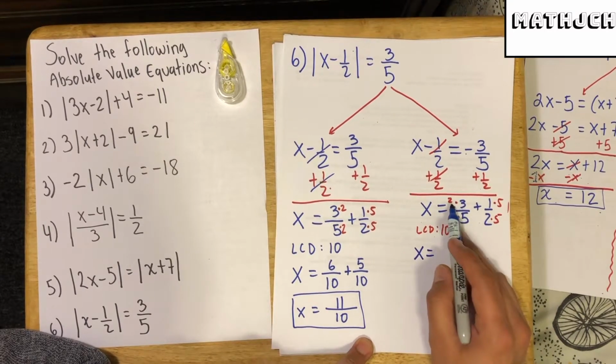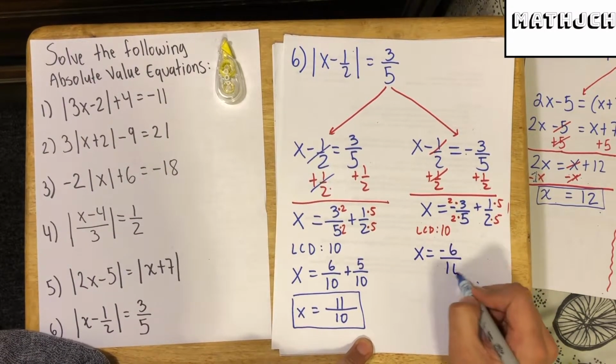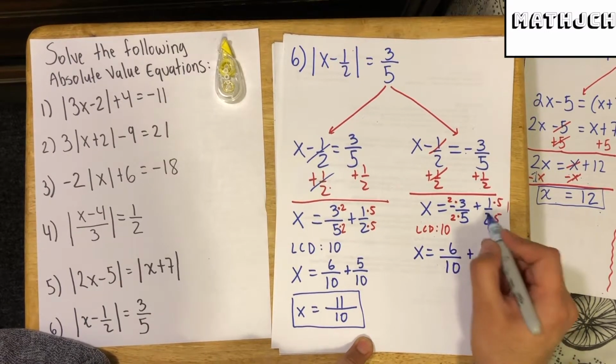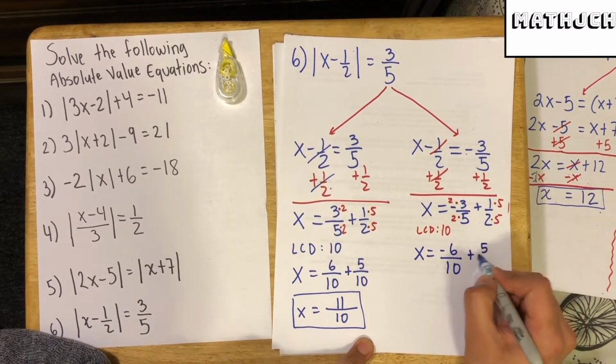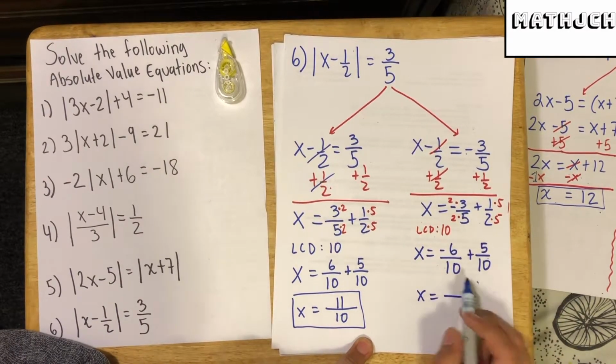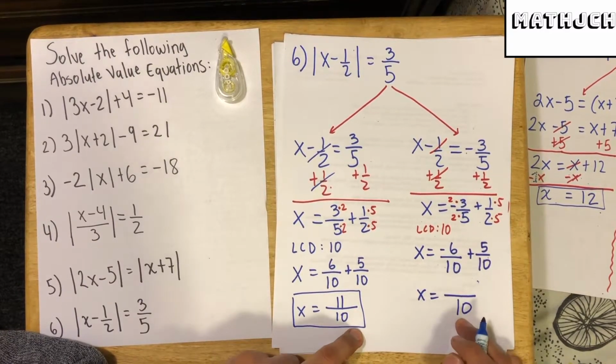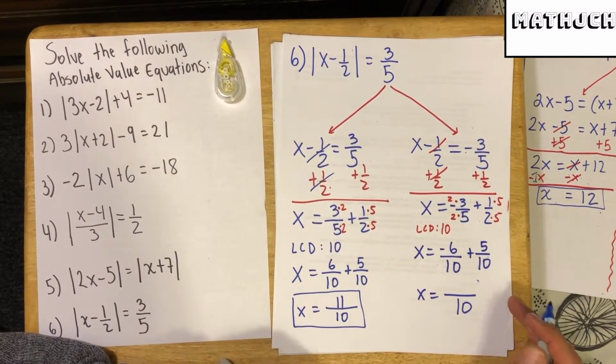So I'm going to have negative 3 times 2, that will give me minus 6, and 2 times 5, 10, and bring down the plus, 1 times 5, 5, and 2 times 5, 10. Now, since I have the same denominator, bring down one of them and combine the numerators.